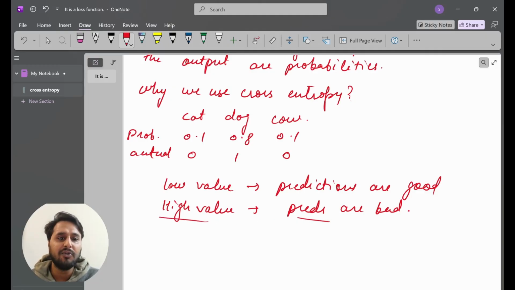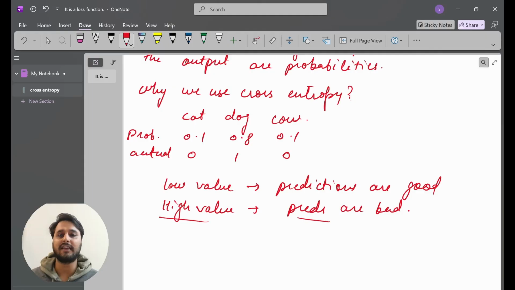We are finding a loss function that tells us that the prediction is very bad, and you have to update your weights. So then we do backpropagation, and in backpropagation, this loss will help us understand which weight we should increase so that in the next pass we will get a better probability.